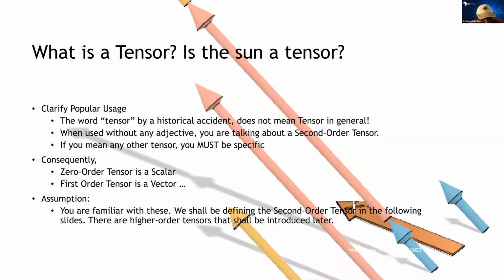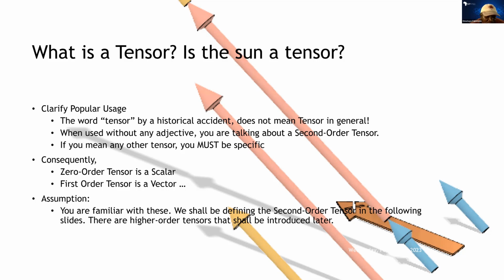Consequently, a scalar is a zero order tensor. A vector is a first order tensor. And a tensor is a second order tensor, but there are higher order tensors, like third order tensors, fourth order tensors, there can be any order.